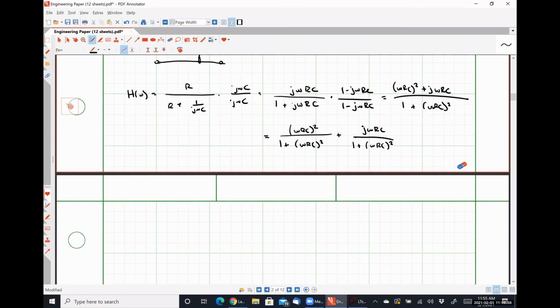So our transfer function magnitude, we take the square root of the square of the real part, add to that the square of the imaginary part.